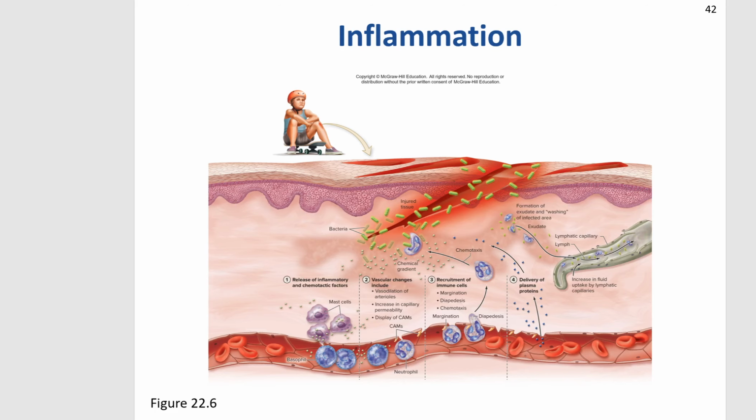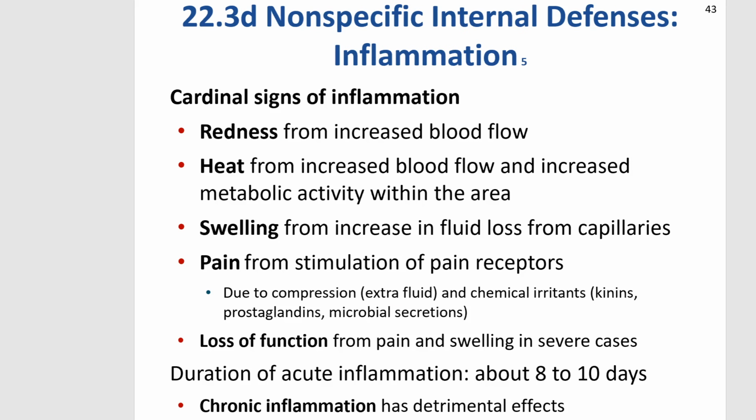It's got a cut. So again, the redness, the heat, swelling, the pain, these are all caused by the chemicals that get released when tissues get damaged, and the response is launched by the immune cells.